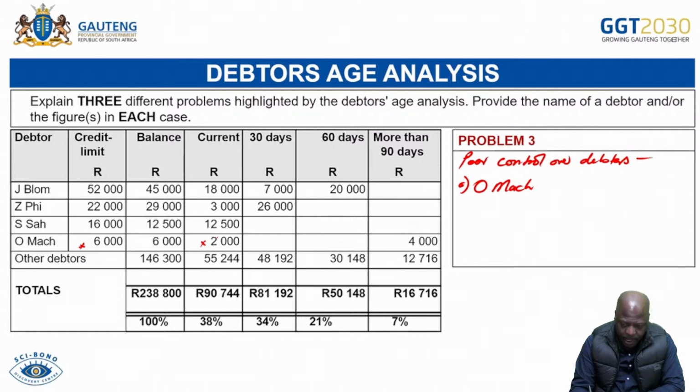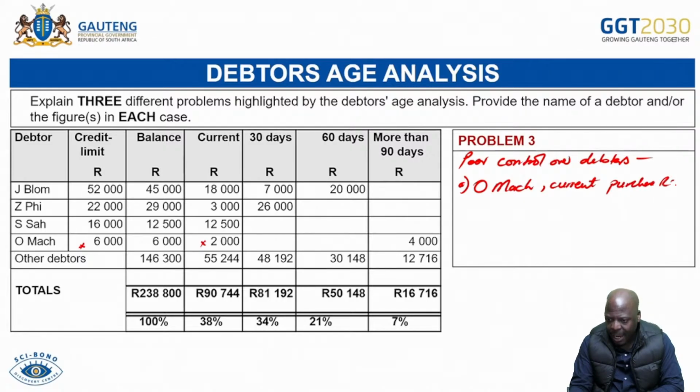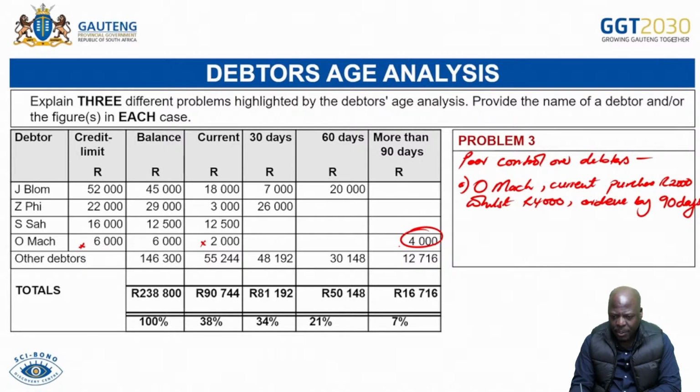His current purchase is 2,000, whilst that 4,000 is overdue by 90 days.